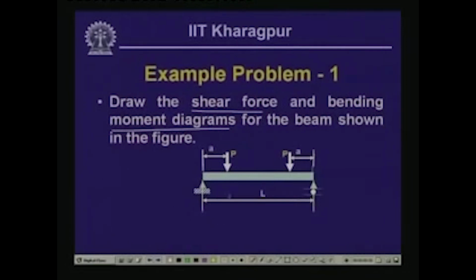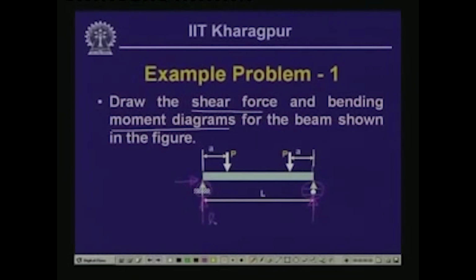Now all we need to do is to draw the shear force and the bending moment diagram. As we have done in the past, we replace these supports, that means we draw the free body diagram of the whole beam. Here we have a vertical reaction and a horizontal reaction, and at the roller support we have a vertical reaction.